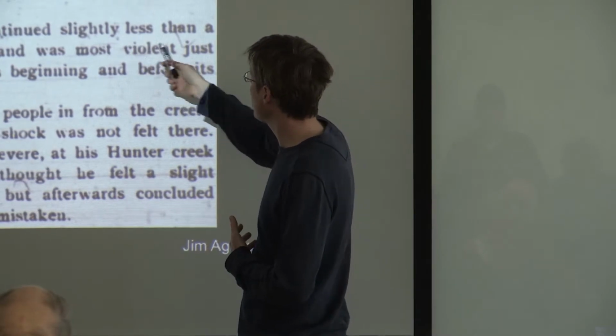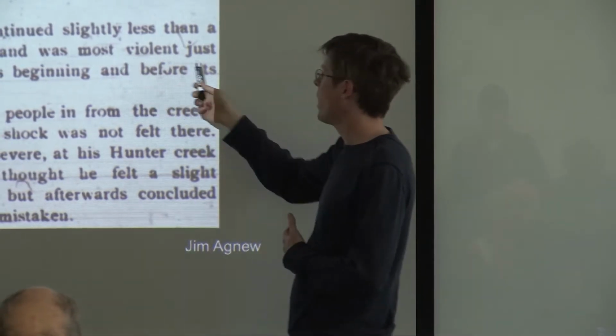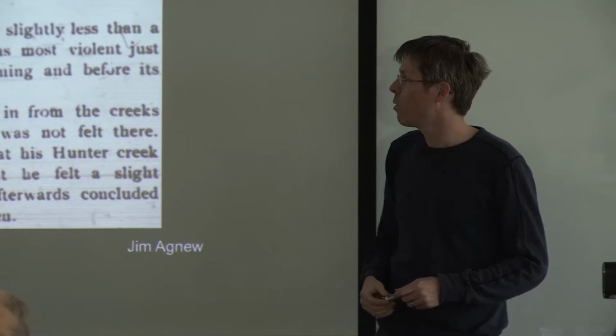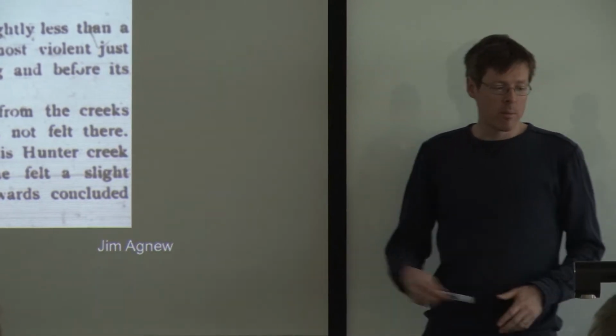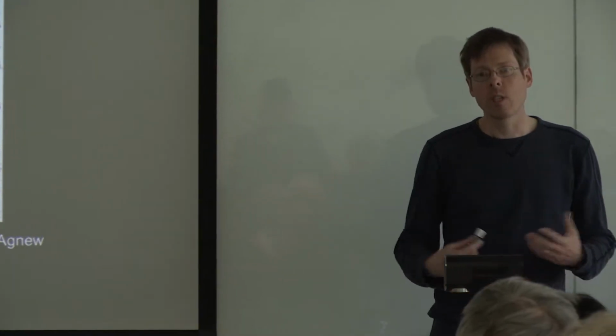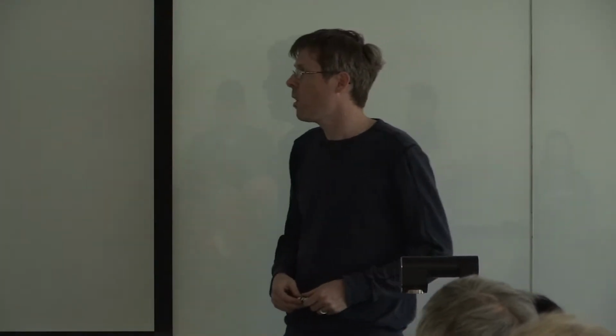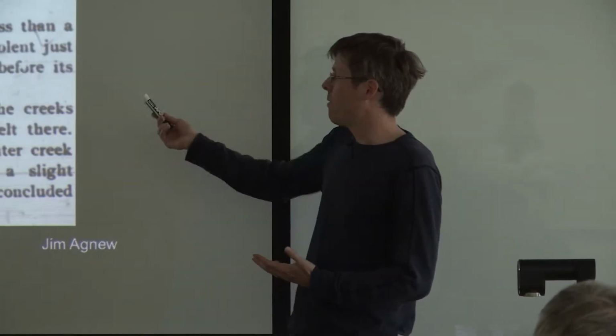It continued slightly less than a minute and was most violent just after its beginning and before its close. So we have an account of an earthquake, and that turns out to be a magnitude 7.3 earthquake, pretty far away, but we have this nice record, unbeknownst to the scientific literature, about the shaking from that. So that was from Rampart.